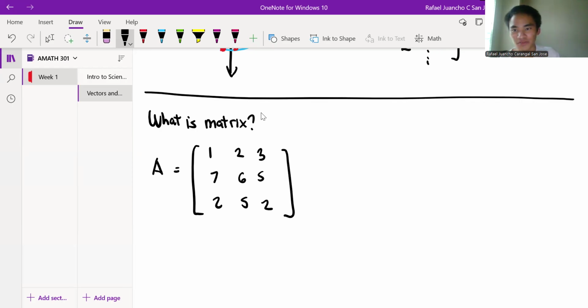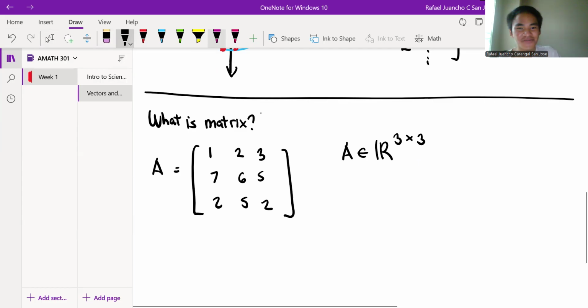And what can we say about this matrix? Well, we say that it has 3 rows and it has 3 columns. I spelled columns wrong. It has 3 columns, right? And so how do we describe this matrix? This matrix has the set of elements, and these are a bunch of real numbers with 3 by 3.